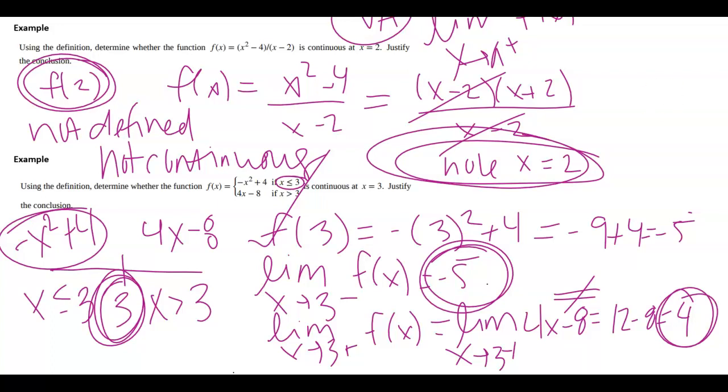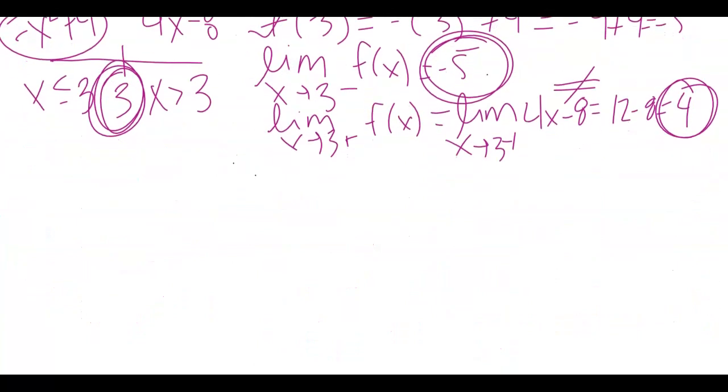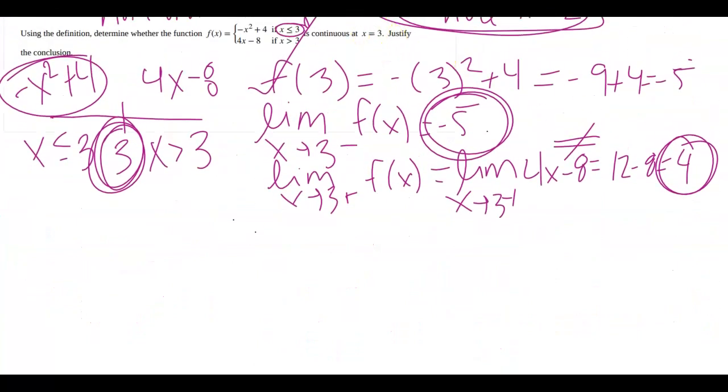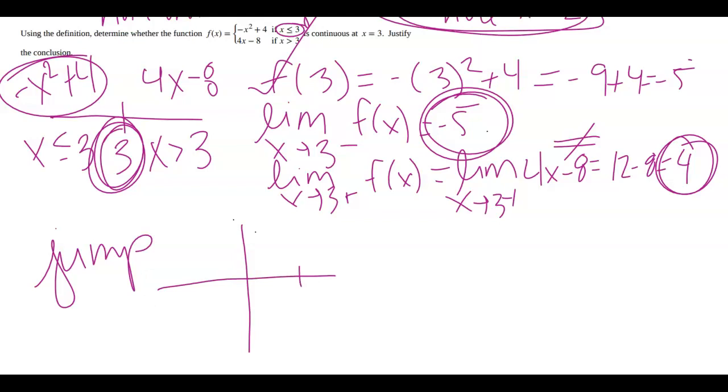Therefore, at x equals 3, I must have a jump discontinuity, because as I approach 3 from the left, I'm down here at negative 5. We can close that in because of the domain. As I approach 3 from the right, I'm up here at 4. So those are not the same number. Jump discontinuity.